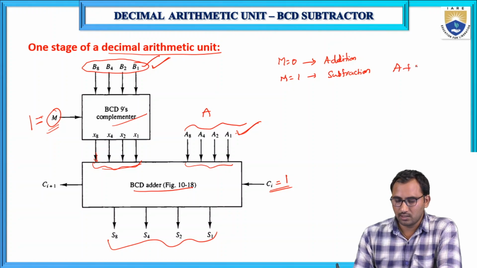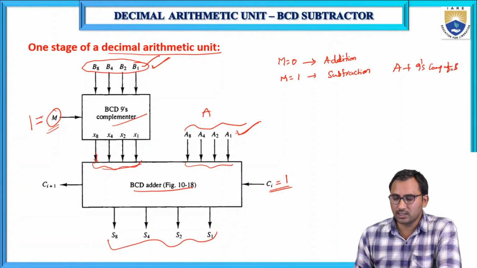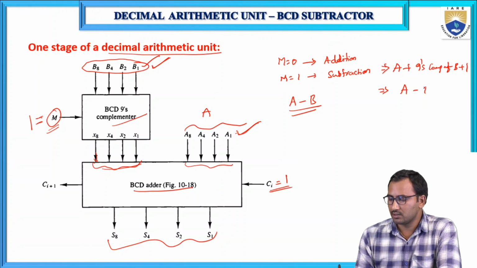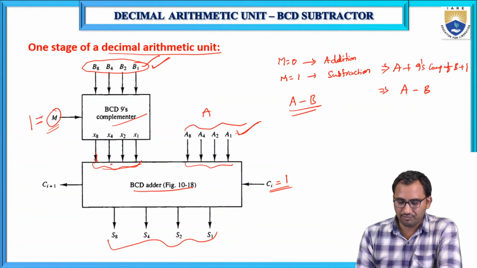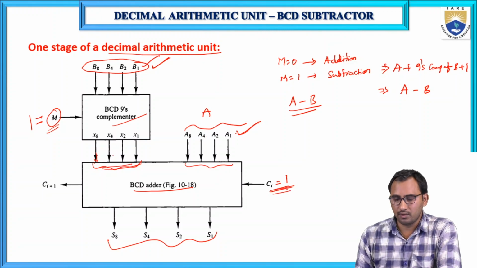A plus 9's complement of B. So we are performing subtraction here, A minus B. That means A plus 9's complement of B plus 1 is equal to A minus B. After performing 9's complement, we add it with A, and we add 1 through the input carry, because the mode bit is equal to 1.